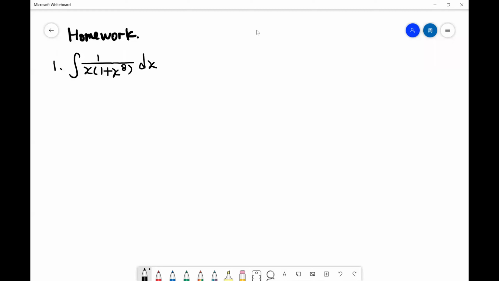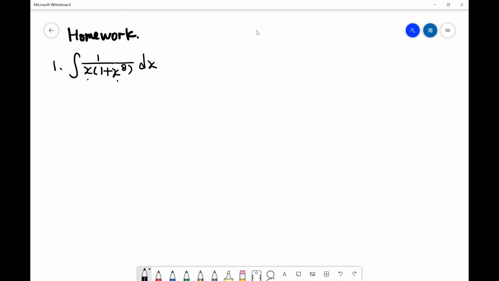As I noticed, the power here is 8, so I want to separate the integrand, and the power should be 8 too.